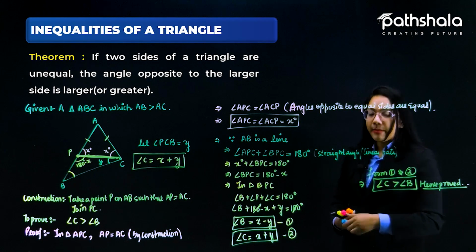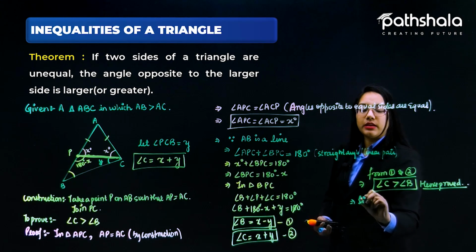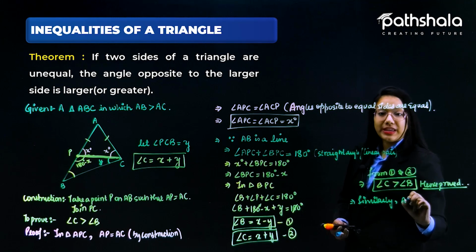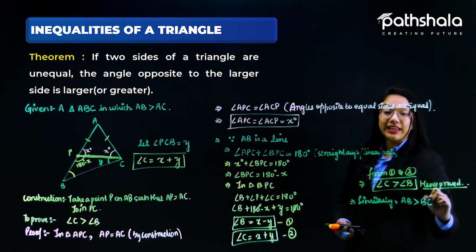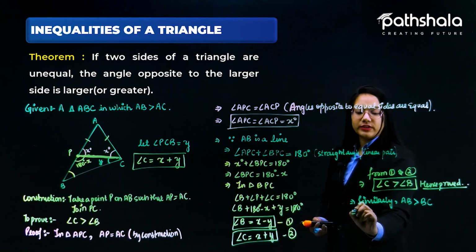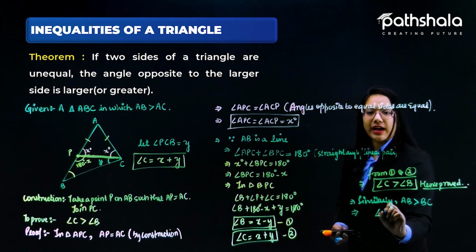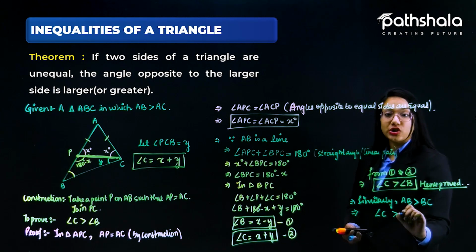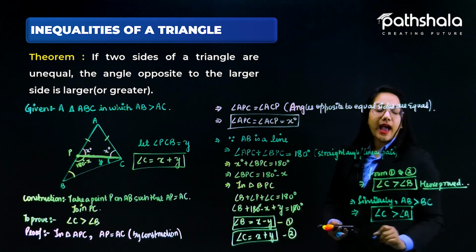Similarly, if I take AB greater than BC, then I can prove that the angle opposite to AB, which is angle C, is greater than the angle opposite to BC, which is angle A.